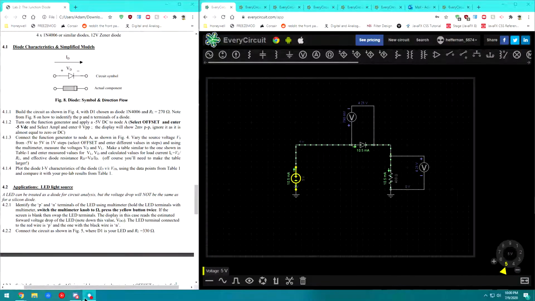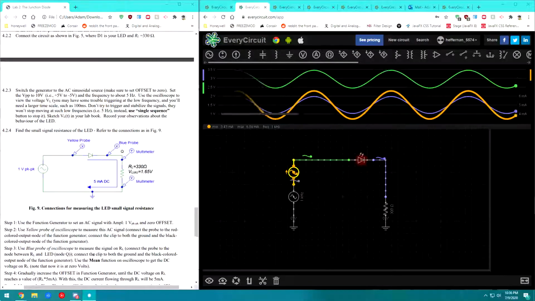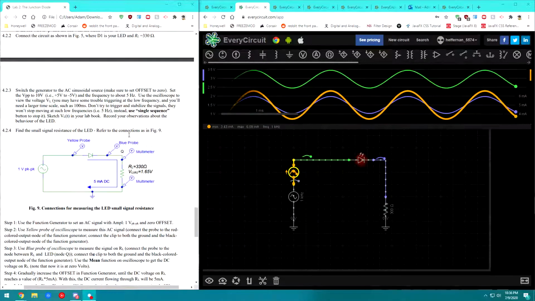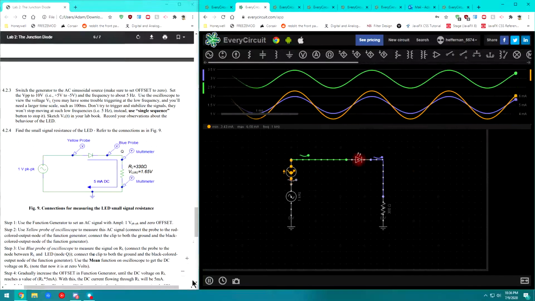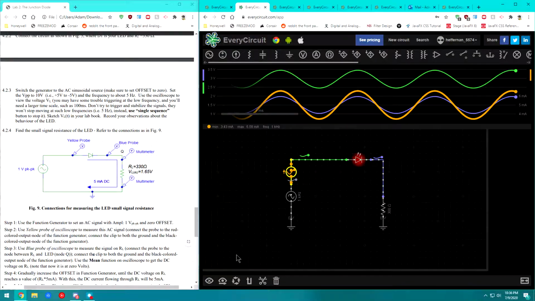Now that that's done, we're going to move on to the LED portion of the lab. Here, what you're originally going to do is reset this circuit.